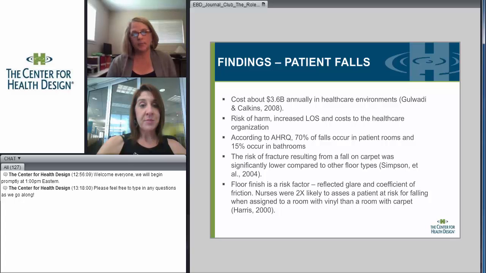Sure. Patient fall falls into that category of never events, something that should never happen. And CMS came out in October of 2008 and said, we're not paying for that anymore. You can't have someone fall in your facility and then charge for the cost of you providing care for them to recover from it.